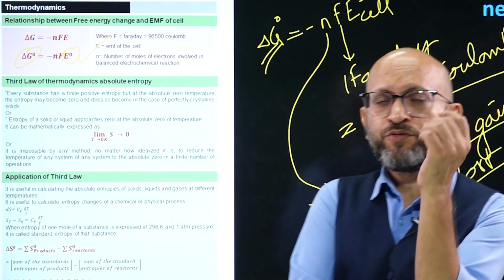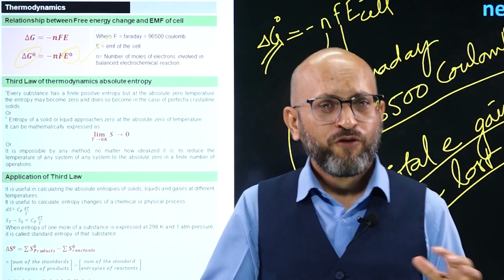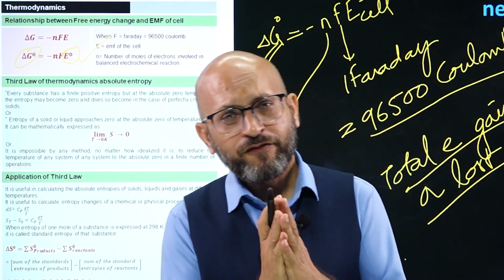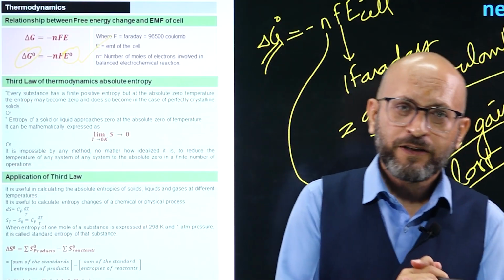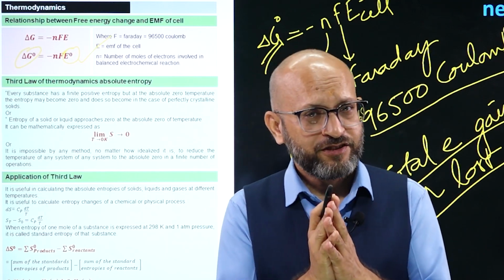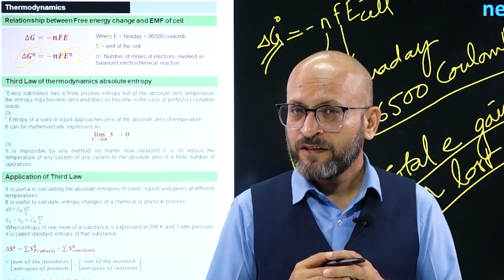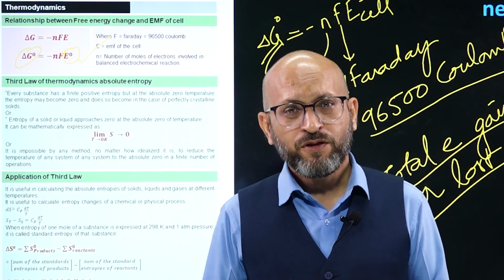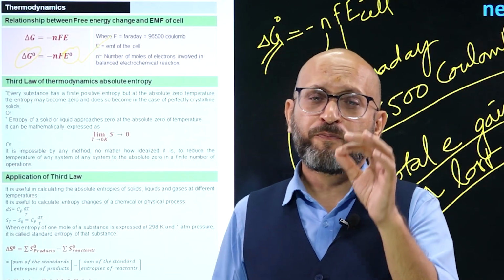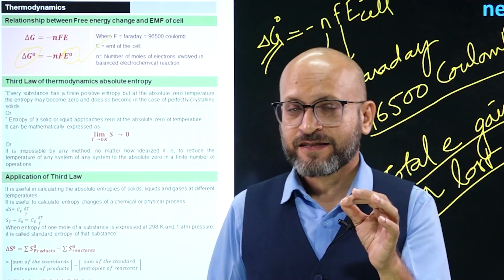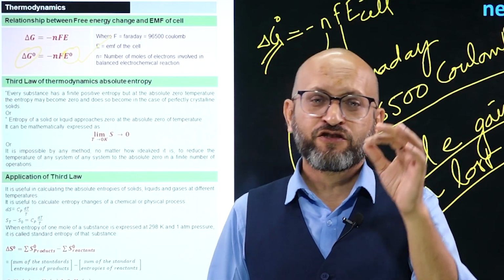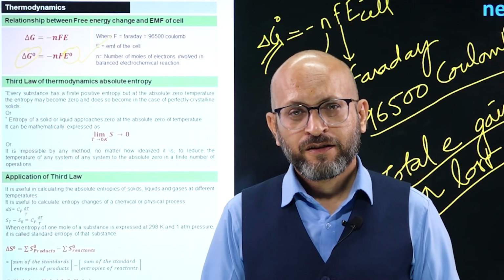Then we move on to the third law of thermodynamics. What does it talk about? The third law of thermodynamics is all about entropy change at absolute zero. At absolute zero, a perfectly crystalline substance will have total entropy equal to zero.